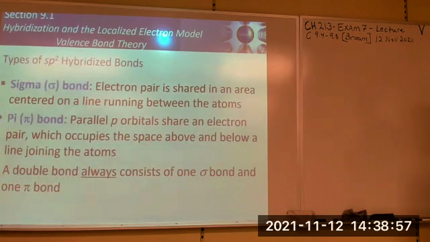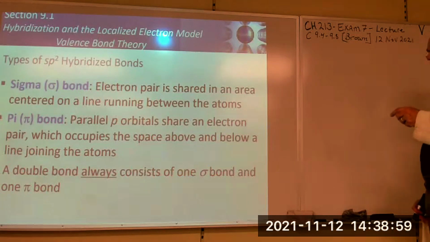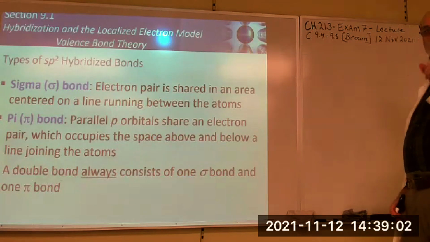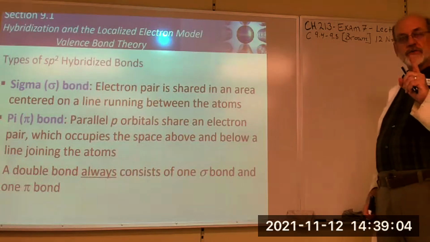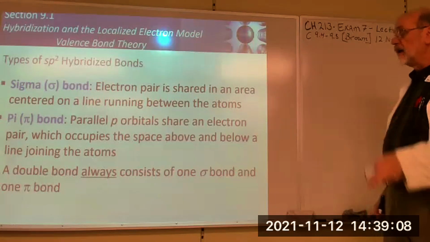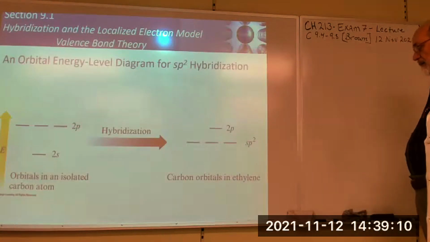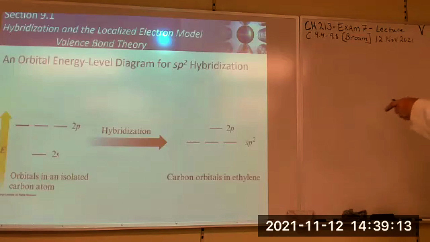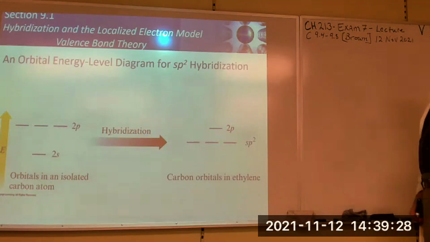When you've got sp2 hybridization, you're only going to have one available unused p orbital, so you can only have that one pi bond. Okay, I'm getting ahead of myself. We have the sp2 hybridization here, which is somewhere in between the p and s, but this unused orbital is still at the same energy level as the original p. It doesn't change.